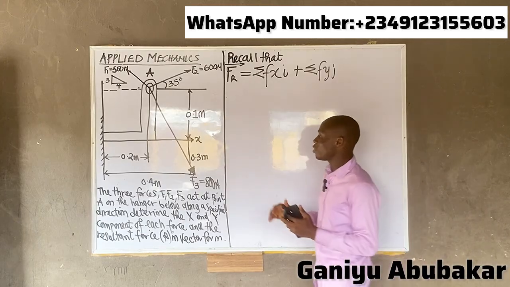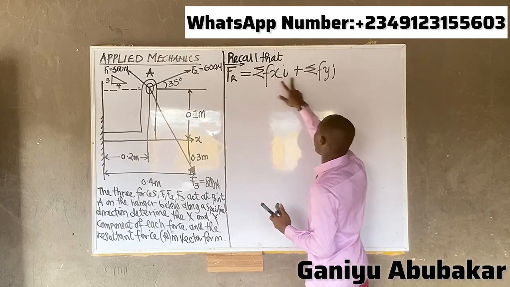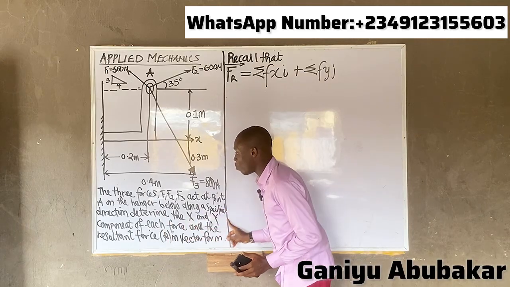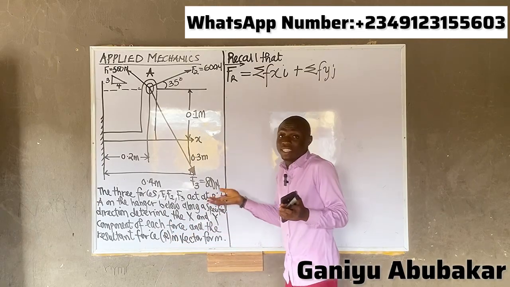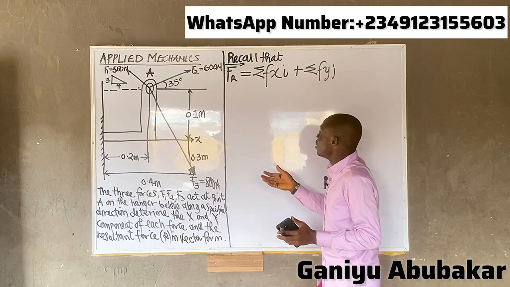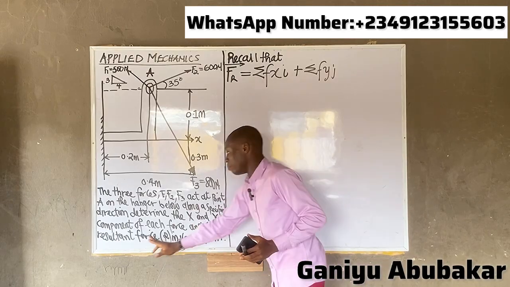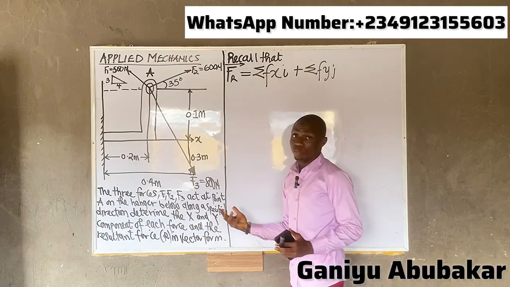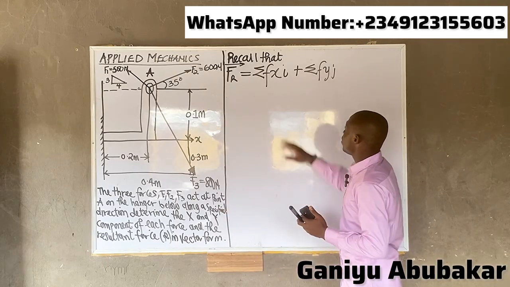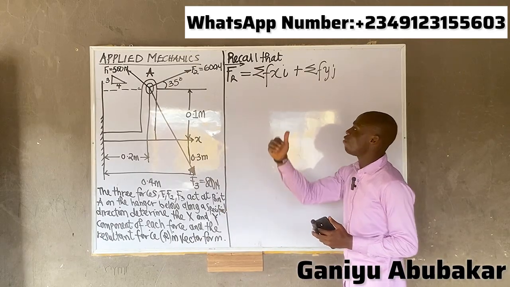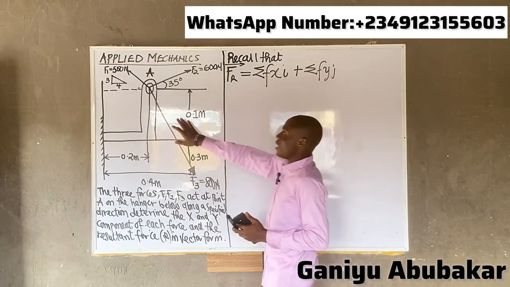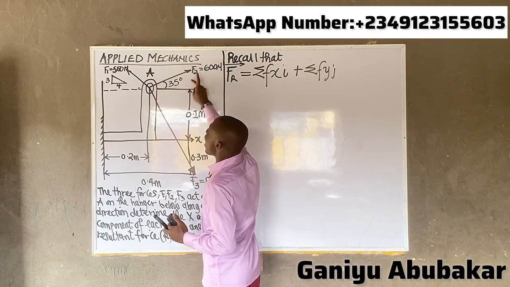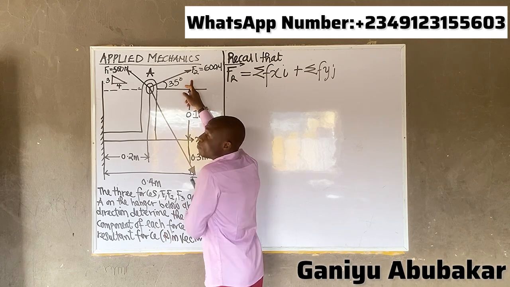So let's see how we can find Fx and Fy, as we are told to determine the x and y components. You can't look for resultant force without looking for x and y components. Before then, this is F2 and an angle, so I can resolve it.